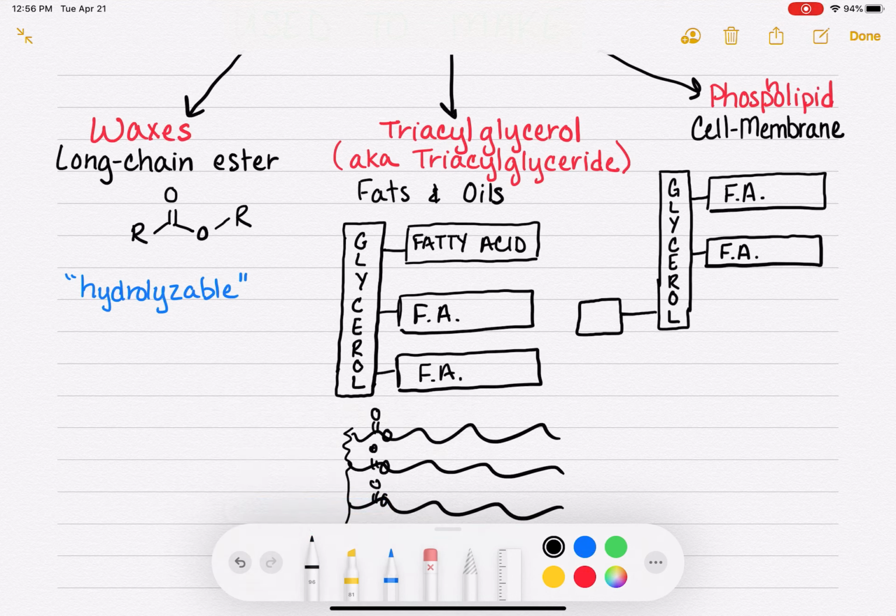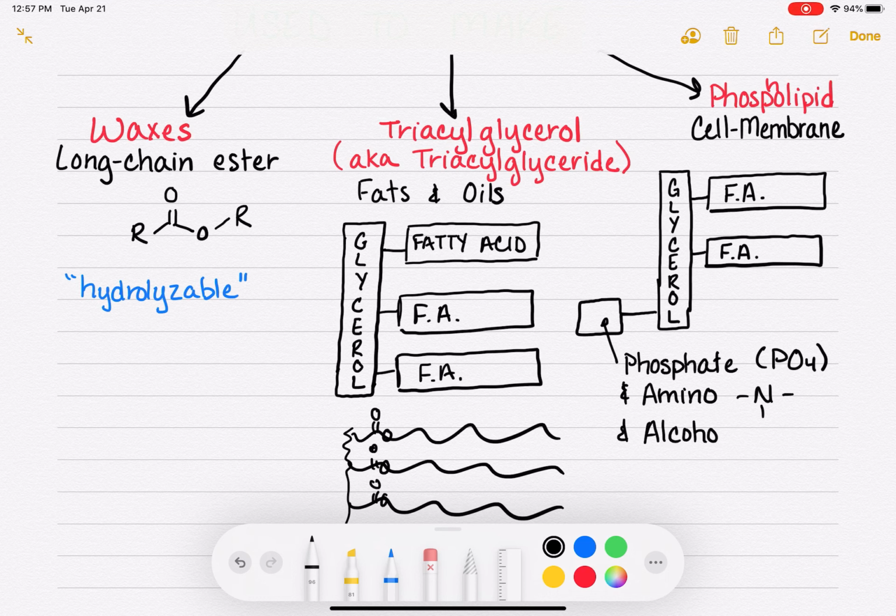This group over here is a phosphate, which is a phosphorus with 4 oxygens on it, and it normally would have a charge. And then also there is an amino group, which is a nitrogen with some stuff on it. And then also there's an alcohol. So there's a lot of stuff hanging out on the end here, like that.